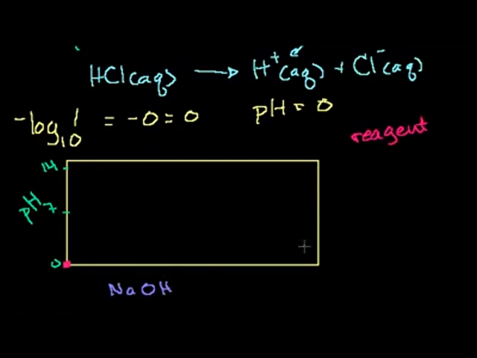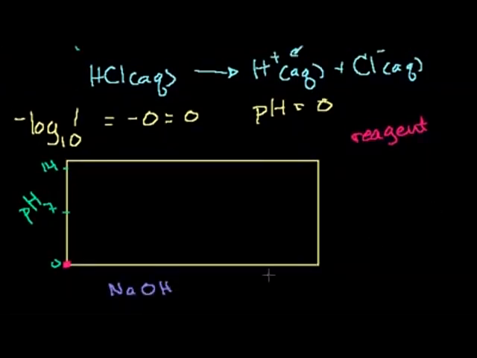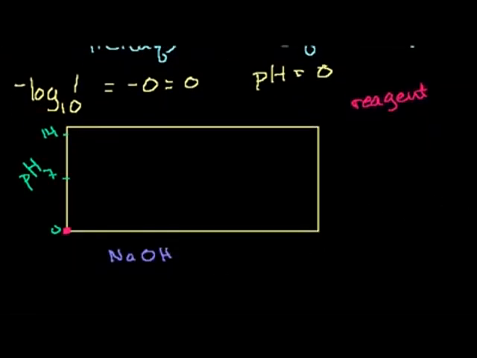And let's say I have a solution that I have prepared ahead of time. Let's say it's a 1 molar solution, but I'm not going to add all of it at the same time. I'm going to add it in increments.